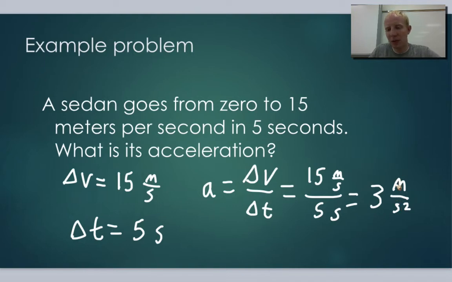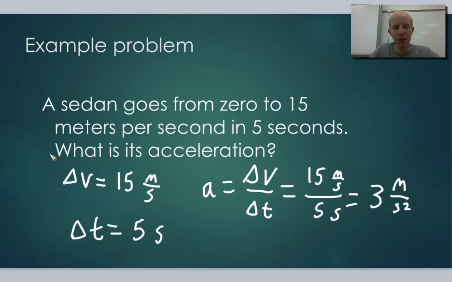So you can always read it and think of it in terms of meters per second per second, but when we write it, we write meters per second squared. Okay? But there you go. So your acceleration in this case is 3 meters per second squared. Okay? The car increased its speed by 3 meters per second every second.